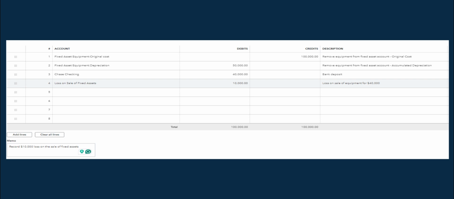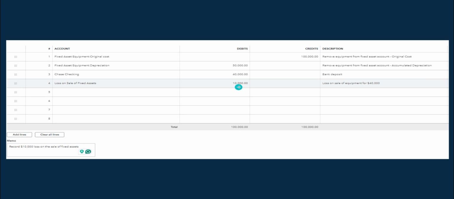Okay, and then the next one. Sometimes you lose, sometimes you gain on fixed assets. So this one is a $10,000 loss. That's your debit to your P&L. The other one, a gain, is a credit to a P&L account. You see, you have a balance of $50,000 on your books, and you just got $40,000.